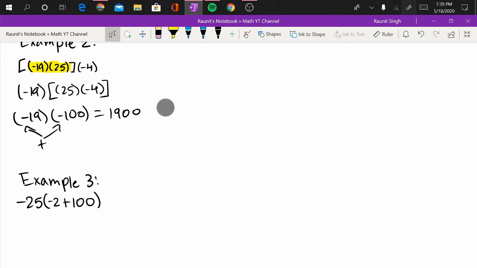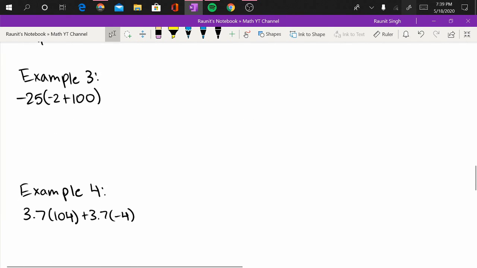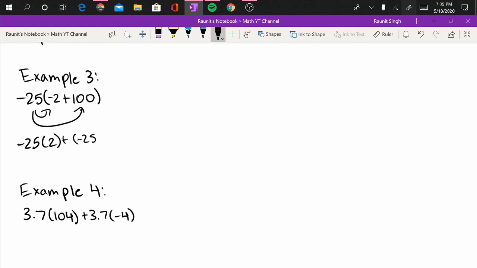So we have negative 25 times 2 plus 100. Now we're going to use the distributive property. And we're going to do negative 25 times 2, and then negative 25 times 100. So negative 25 times 2 plus negative 25 times... Oh, I messed that up.